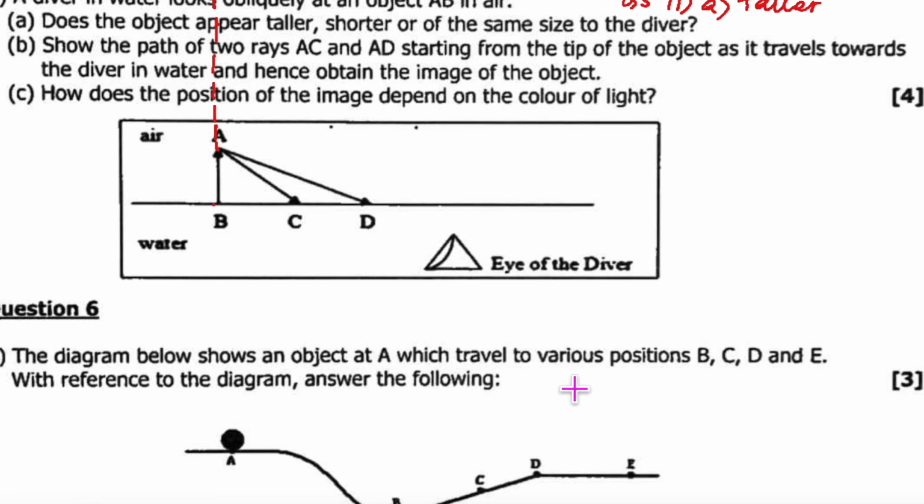At C, you will show dot dot dot the normal. At D, you show dot dot dot the normal. And whenever you show these, the angles should be nice and oblique. Don't show these lines like this.